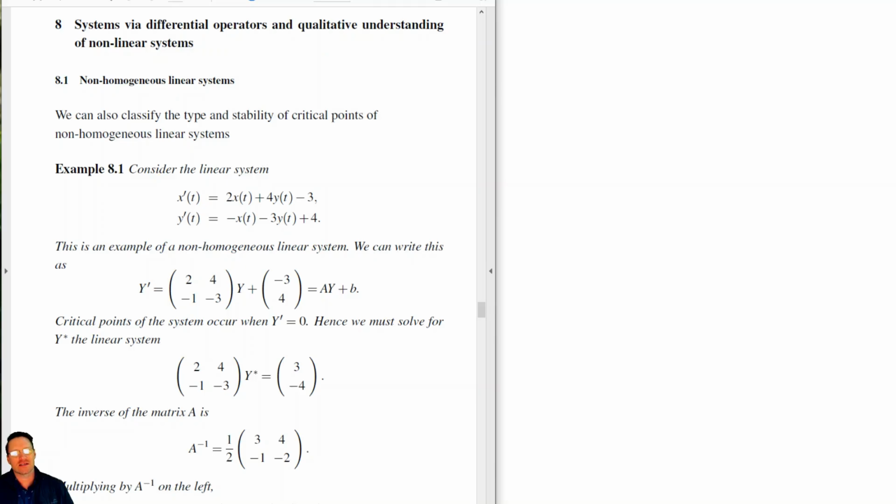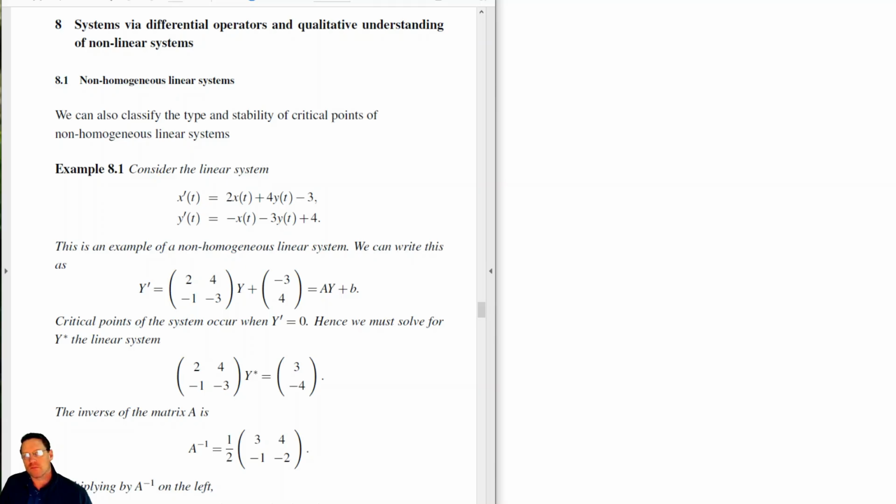So we're going to classify that according to one of the 6 classifications, but we'll only look at that briefly. The main idea here is to be able to have some qualitative understanding of nonlinear systems when you can't necessarily solve them easily.